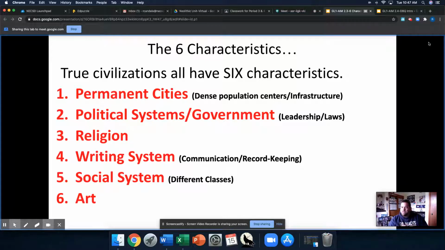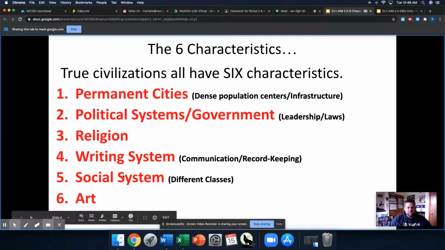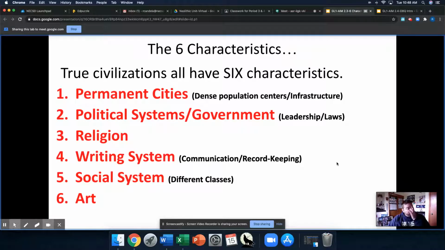So something that they're creating, or music or dance or poetry, or even just cave art. That's evidence of a civilization. So these are the six things that we will use. The argument can be made that we can get rid of one or more of these things, and that group of people should still be considered a relatively sophisticated civilization. So that's what I'm asking you to think about.